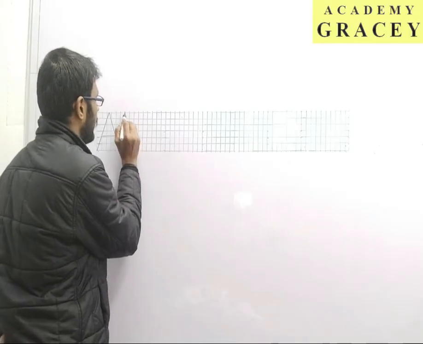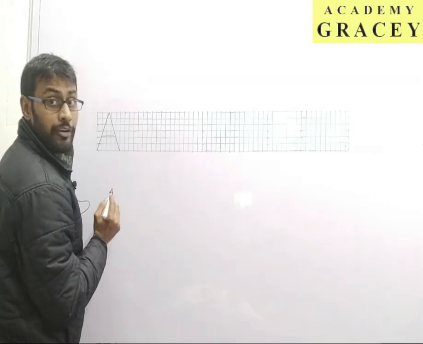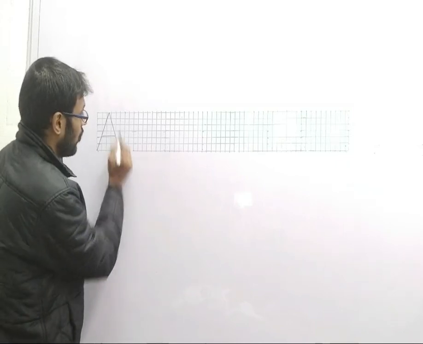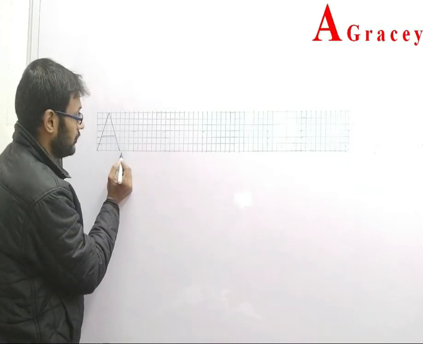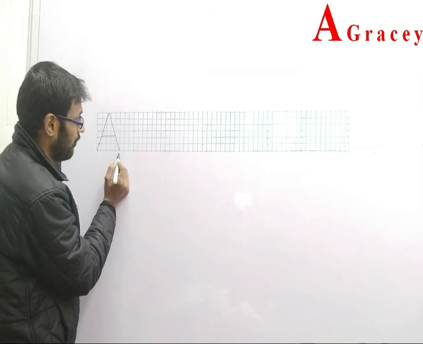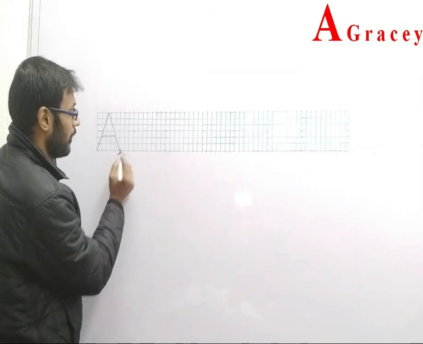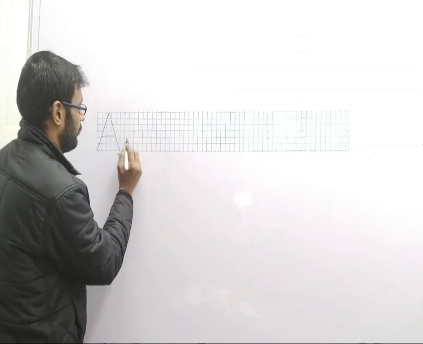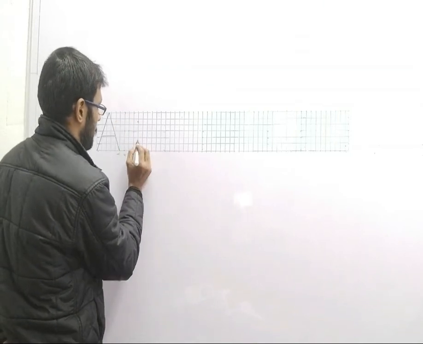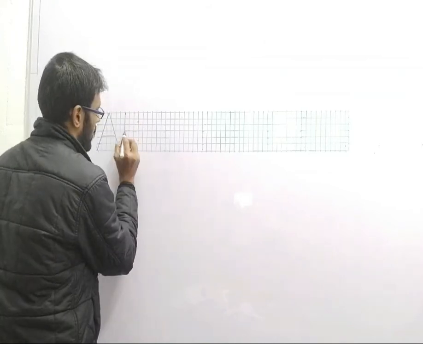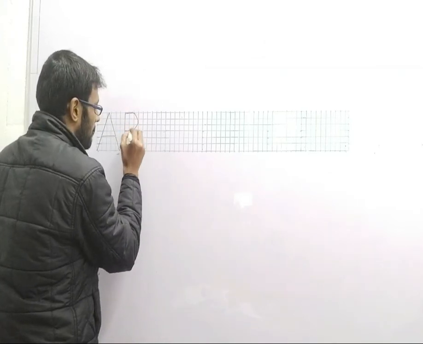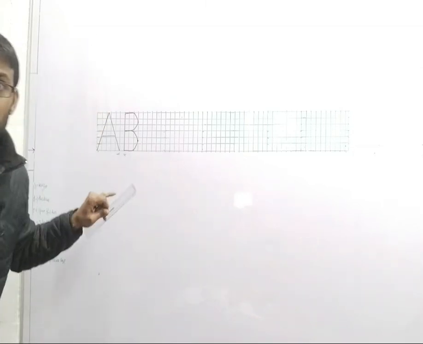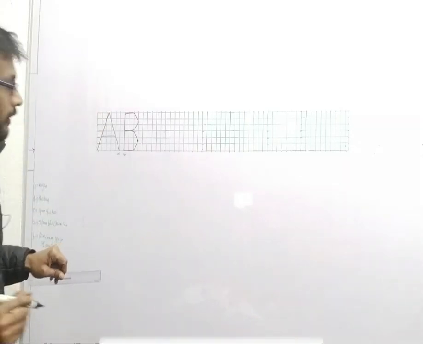Next letter is your letter B. We make a distance of one block. You can see, one block I make a distance. From here we mark a point for the letter B. So letter B we type here.